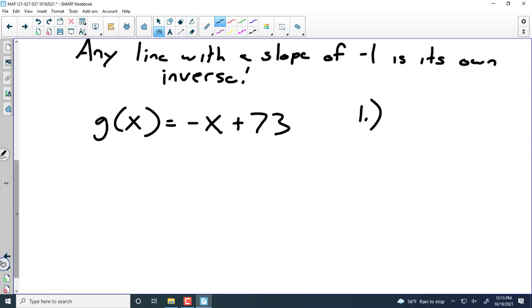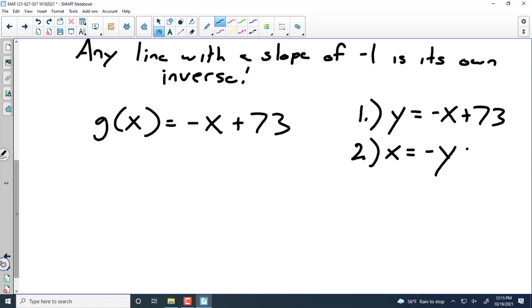Okay, change that to y. Swap x and y. Let's see here, subtract 73 from both sides. Does that solve for y yet? No, we have to remove the negative.